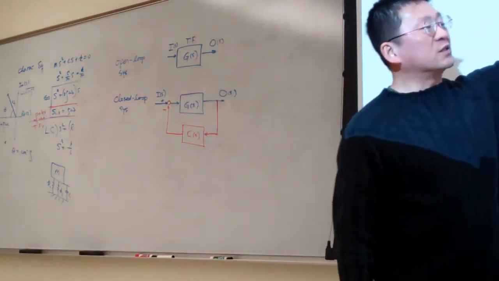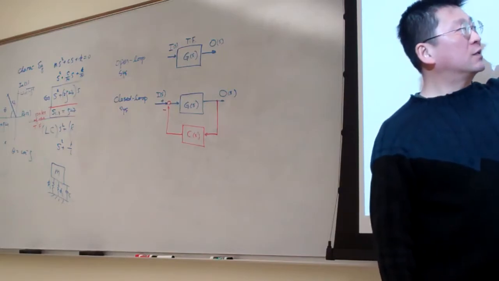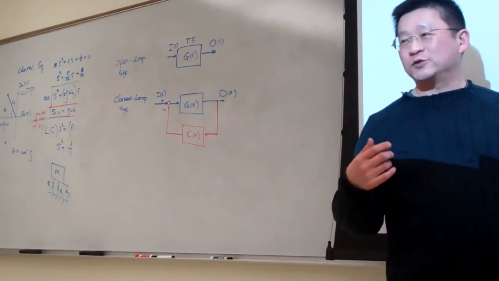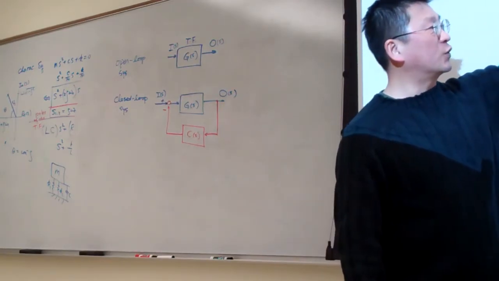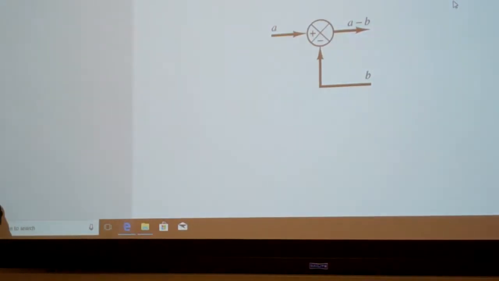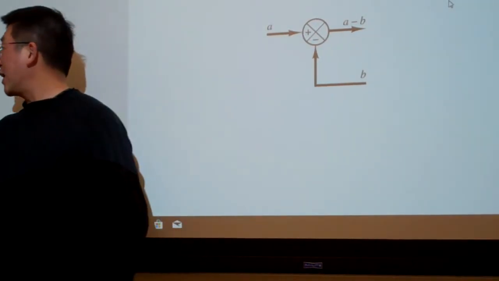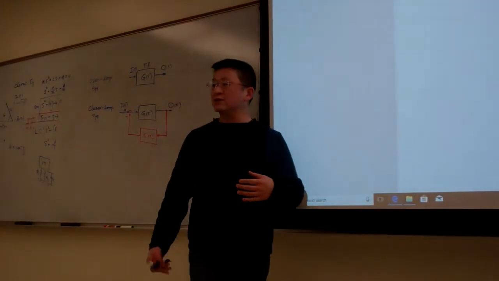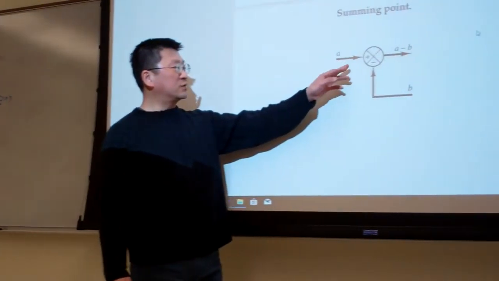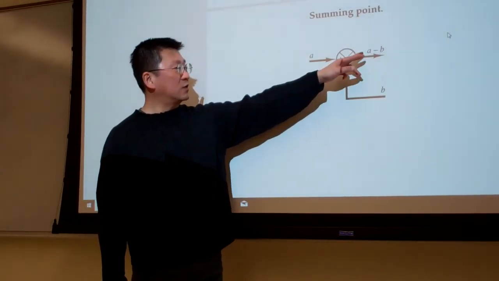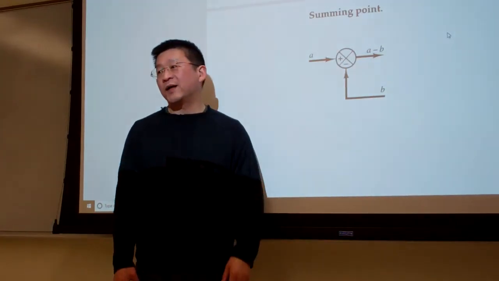There are no unique names for that, but people just know it. In our textbook, the author calls it the summing point. The summing point is basically just like I drew it here. It compares the two signals coming in, the two signals that inflow, and depending on the sign, the outflow of the signal is A minus B.